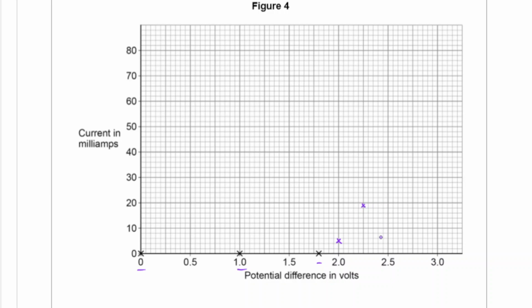19 is halfway there. Oops, slightly off. Let me get that off. So 2.2 is actually, yeah, so that's 19. And then at 2.4, which is 2 boxes before this, it's 41. 41 is halfway to the point.